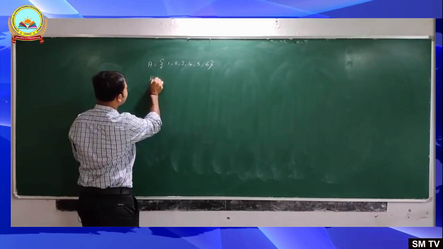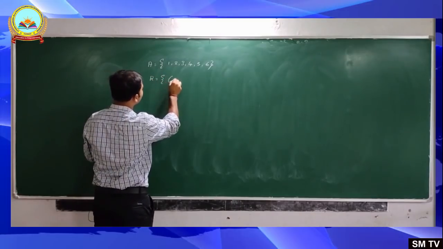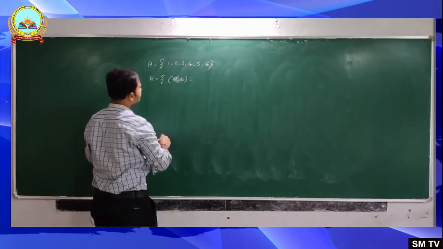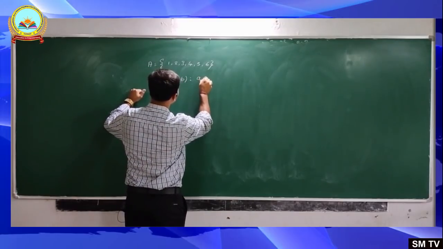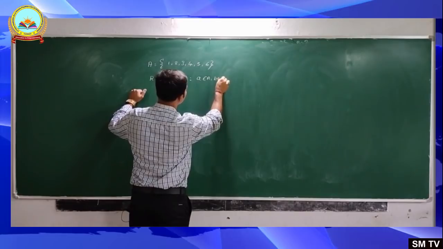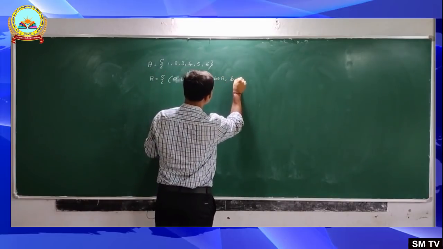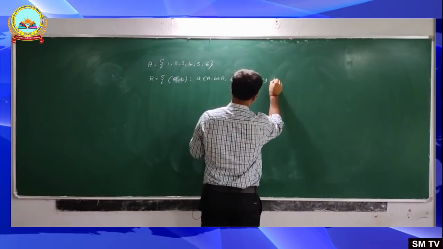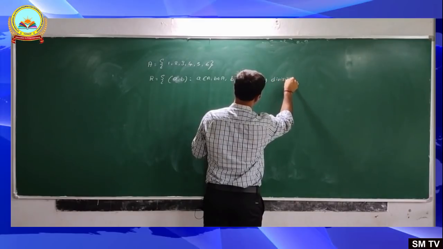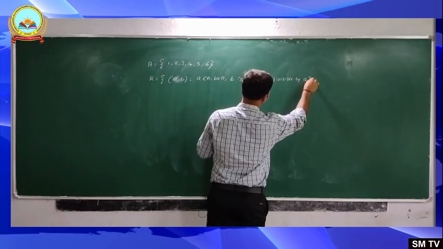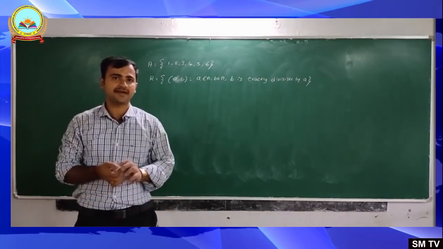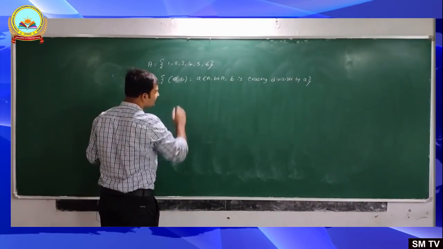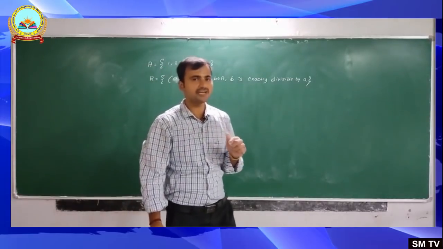Define a relation R on A given by the ordered pairs (a, b) such that a belongs to A, b belongs to A, and b is exactly divisible by a. So here again we need to write its roster form, domain, range, codomain and arrow diagram representation.